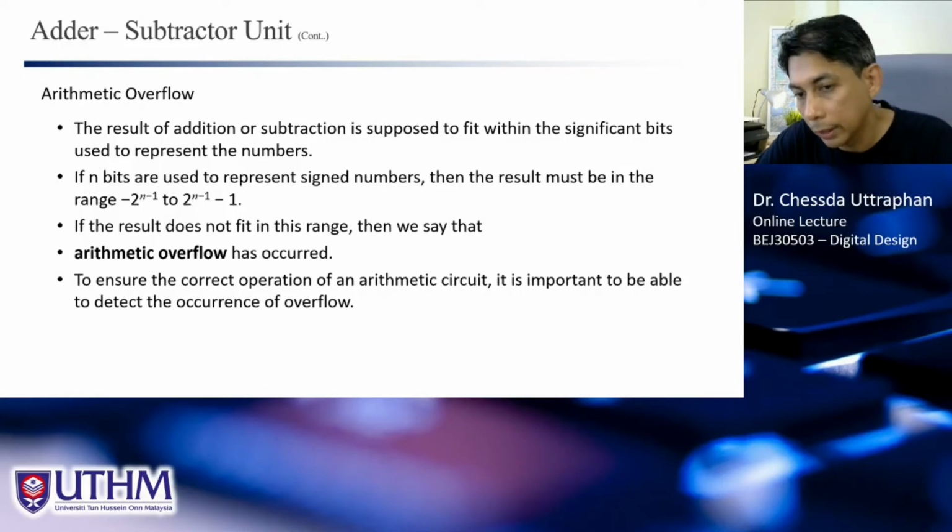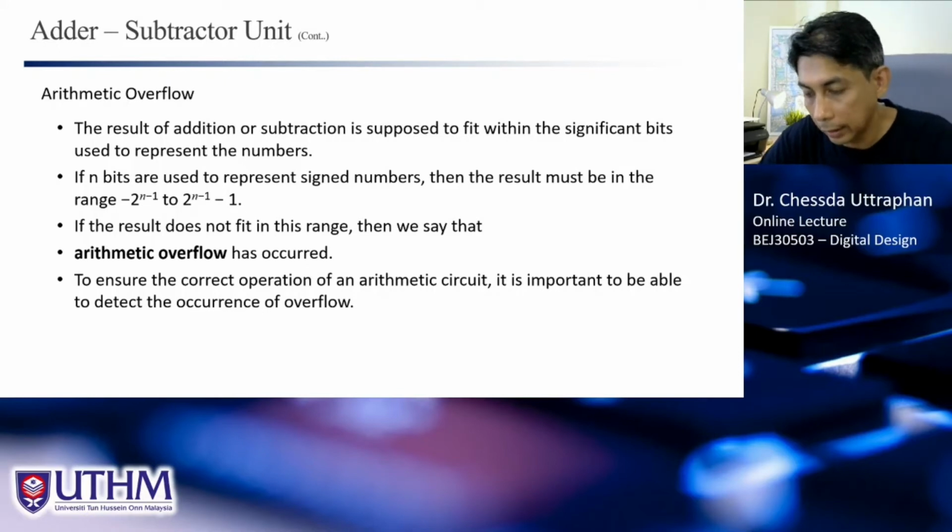But what if the result is more than 4-bit? For example, 6 plus 2, we have 8. In order to do that, we need to have more space, right? Normally, later on in chapter 4, the result of any operation will be saved in what we call a register.